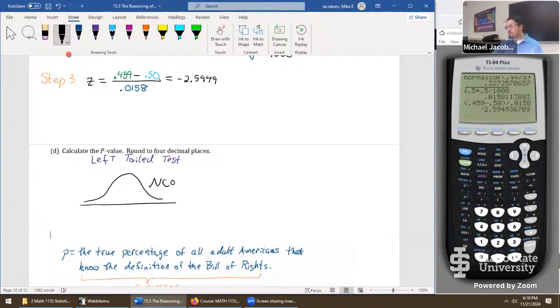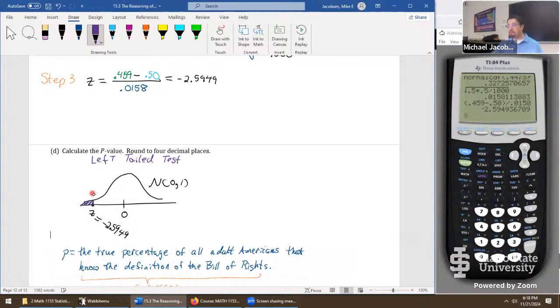Same statement, this is the normal distribution with a mean of 0 and standard deviation of 1. Our test statistic is way to the left this time, somewhere about here visually. So Z is negative 2.5949. When we said it's a left-tail test, we put a vertical line right where Z is, and now shade to the left.